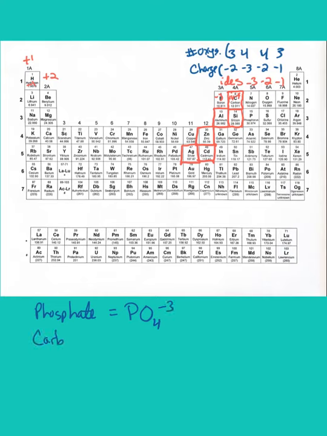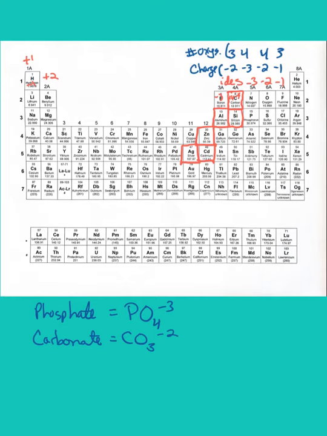Carbonate. CO. Here's carbon right here. CO3, -2. Okay, and you can know silicate, arsenate, sulfate, selenate, tellurate, fluorate, chlorate, bromate, iodate, all by knowing that one trick of 3 4, 4 3, -2, -3, -2, -1.